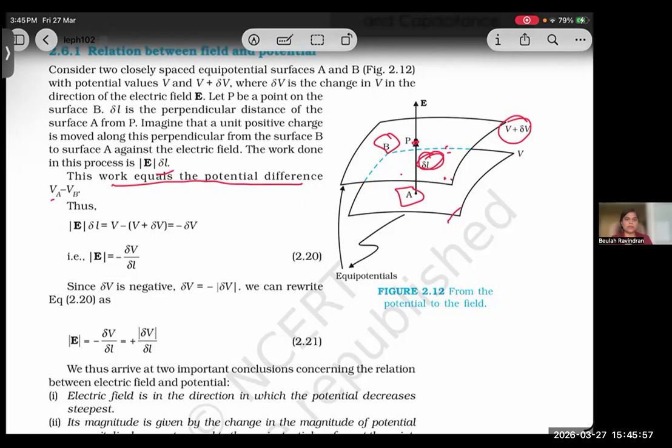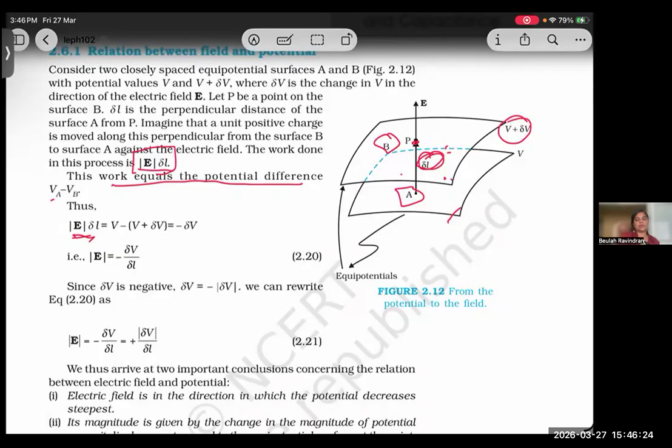Everything you have learned in the work-energy theorem: potential difference is equivalent to the potential energy difference, as we saw in the initial portion. So VA minus VB is the difference in potential, which is equal to the work done. See here how it is given as the work done, E modulus into delta L.